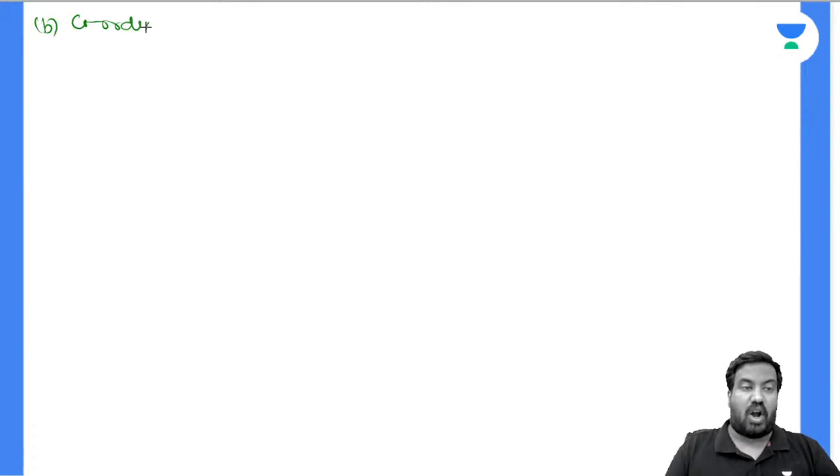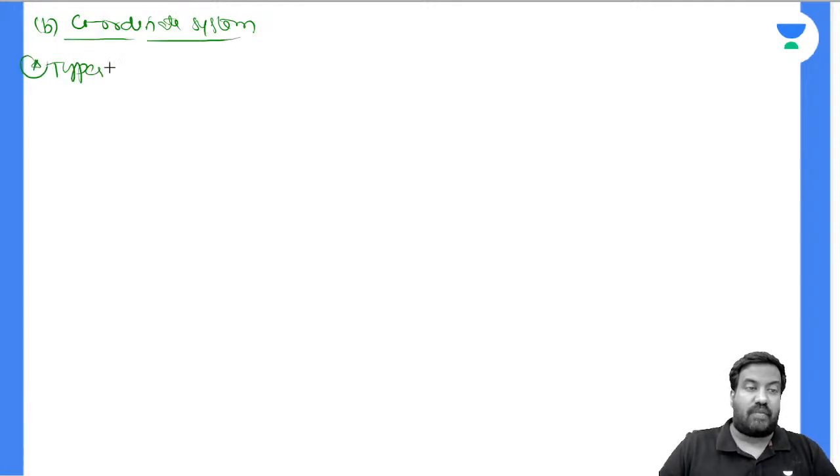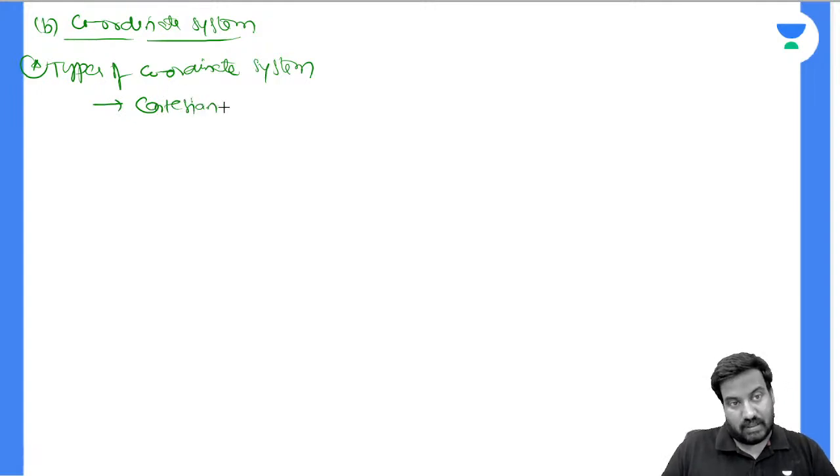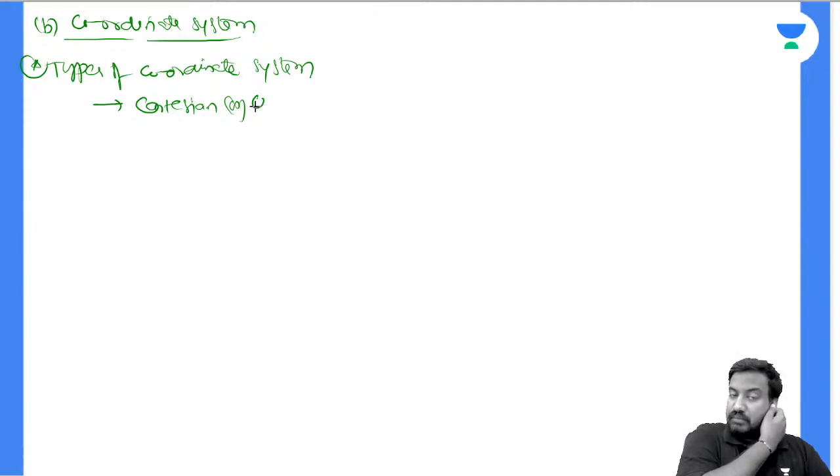B part we went for coordinate system. We'll see types of coordinate system. The types of coordinate system are Cartesian coordinate system, or rectangular coordinate system.